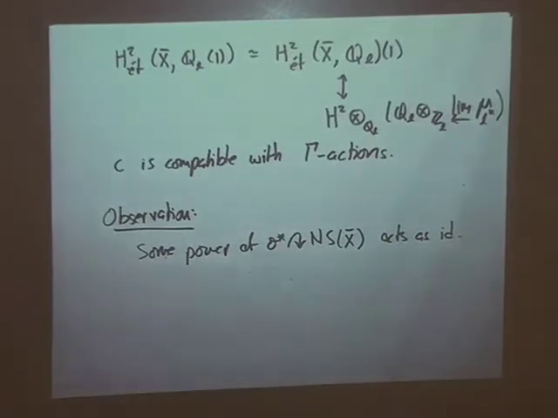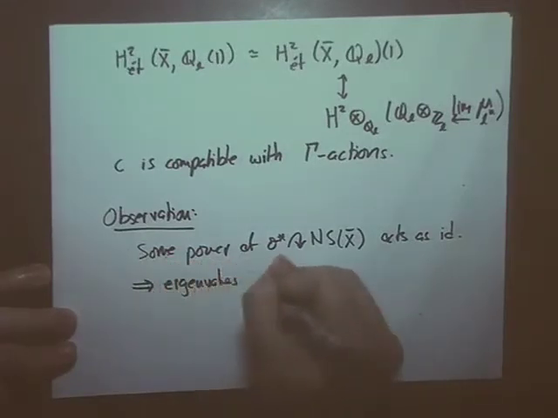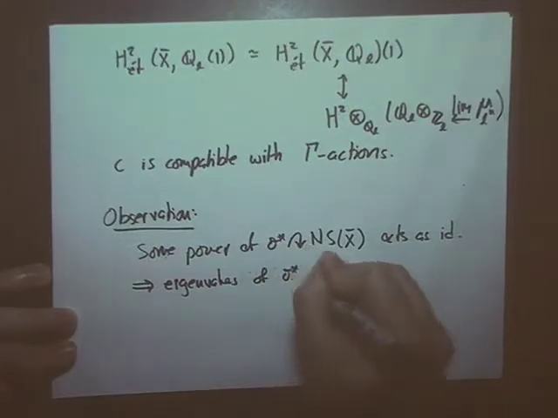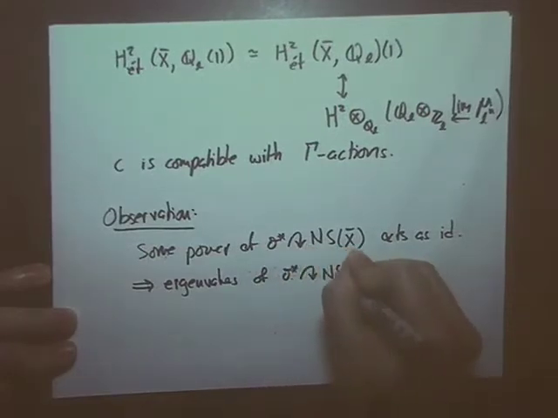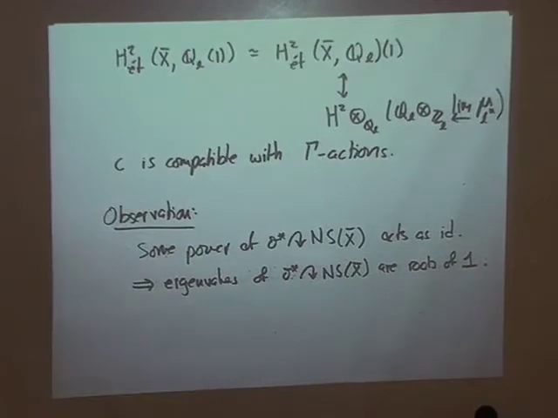And the reason this is important is because it means that the eigenvalues of this sigma star acting on Néron-Severi of X bar are roots of unity. Okay, good. So why is that good?